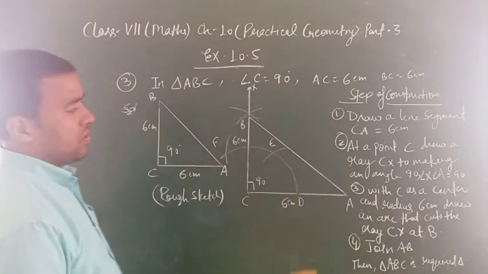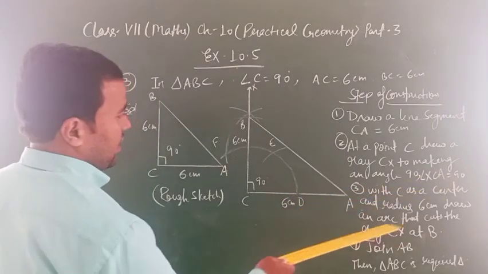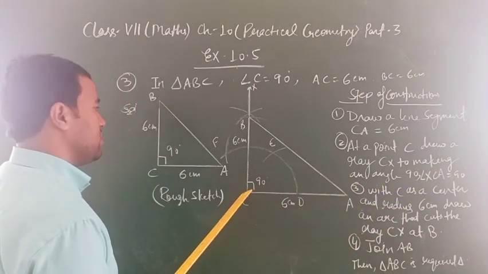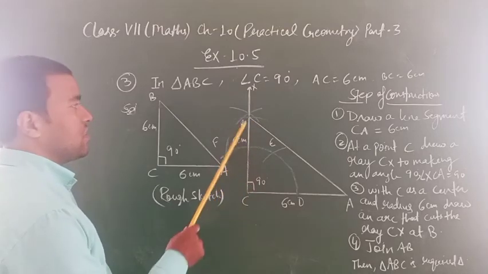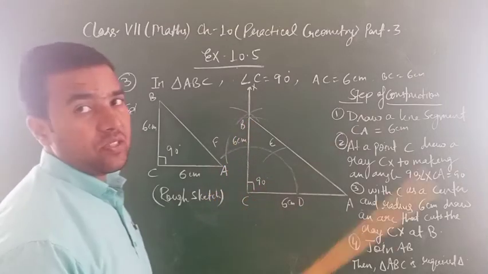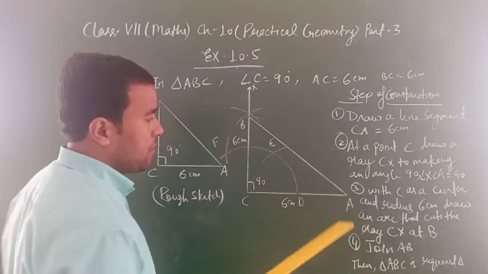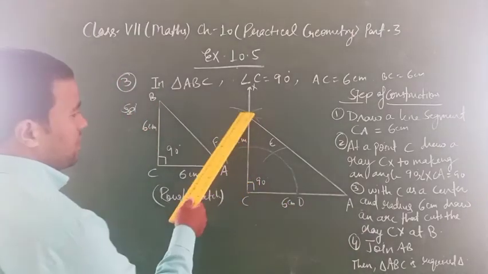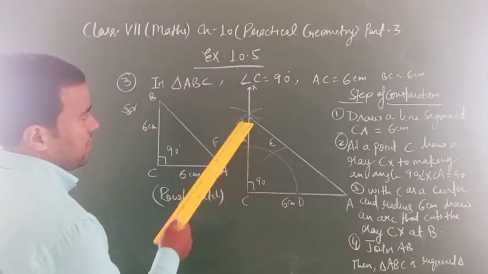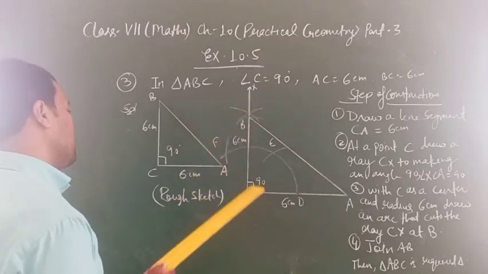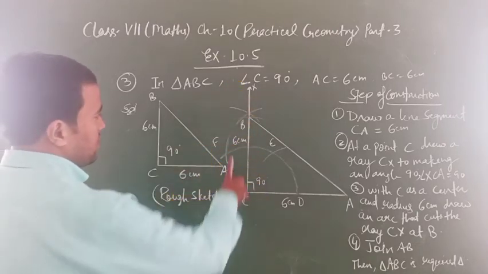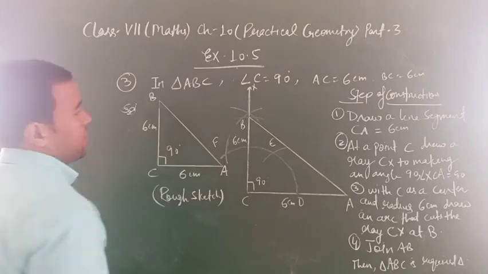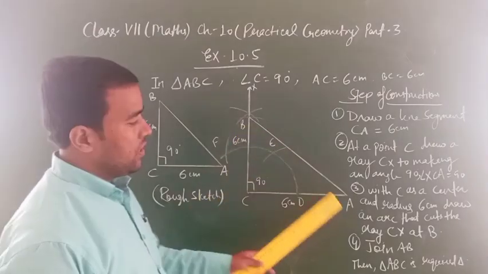After that, with C as a center and radius 6 cm, with the help of scale and compass, draw an arc that cuts the ray CX at B. Means on CX we have cut 6 cm radius at B. After that, join AB.